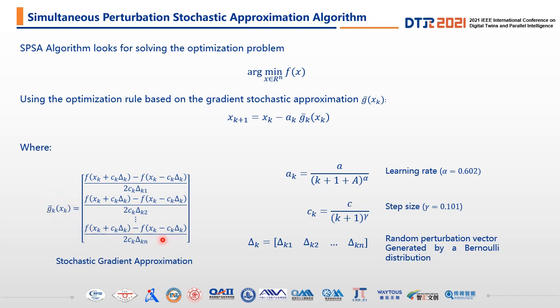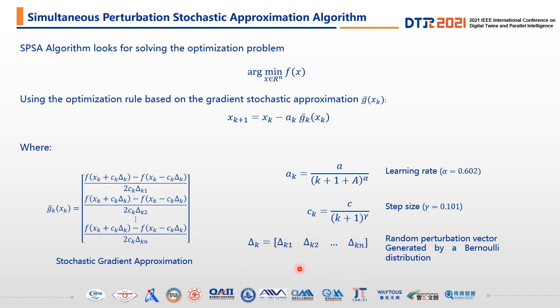As you can see here, this is the recursive approximation, like the finite difference, but in this case, we have here k, we have delta k. This delta k is basically a simultaneous perturbation vector, which is generated in this case by a Bernoulli distribution that is going to change at each optimization step.